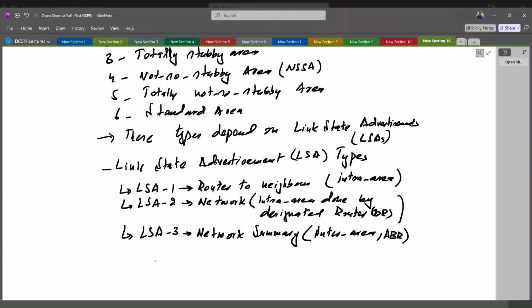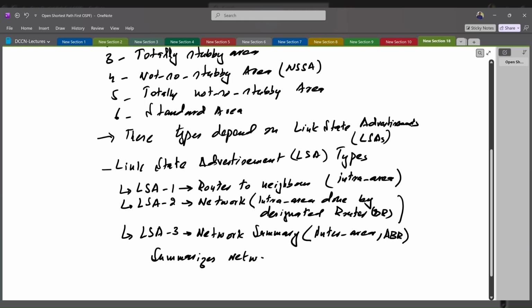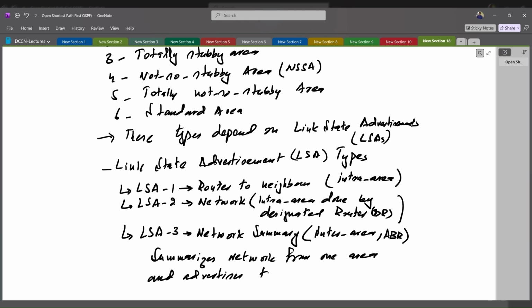इसका मतलब क्या है LSA 3 का? इंटर एरिया है. This means it summarizes network from one area and advertises to another area.